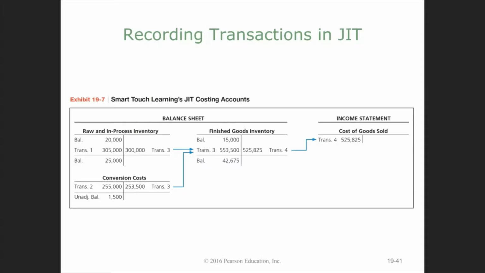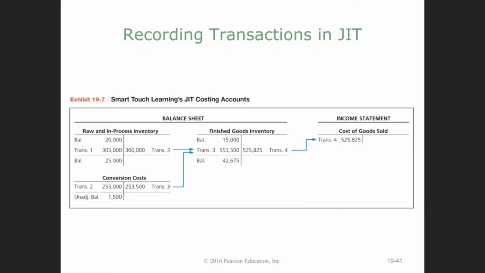If you go back to transaction 1, that's where we see that journal entry where they purchased the 305,000 raw materials. So when they made that purchase, we had to debit that account for 305,000.